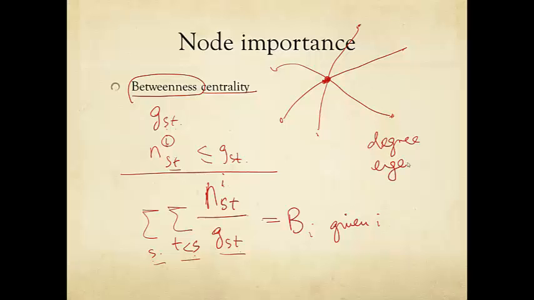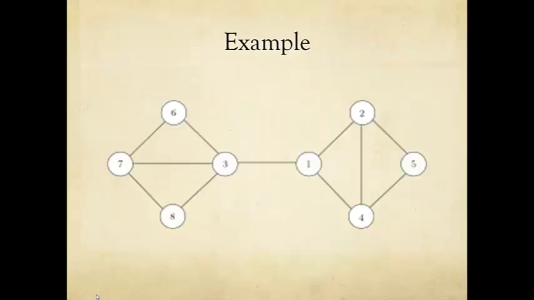We have the eigenvector centrality, the largest dominant eigenvector of the adjacency matrix. We have the closeness centrality, c_i for each node i, and the betweenness centrality, b_i for each node i. So we've got 4 different metrics. Which one to use, again, depends on what you want to do.